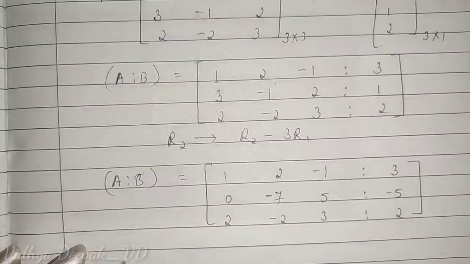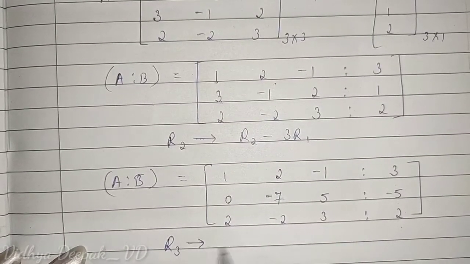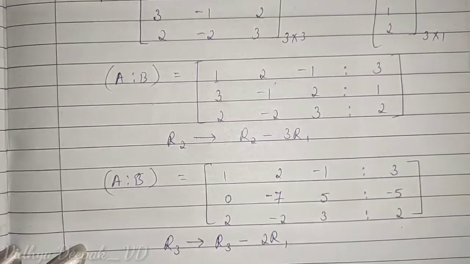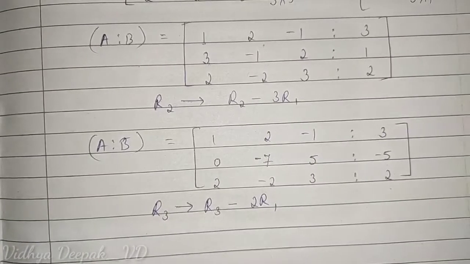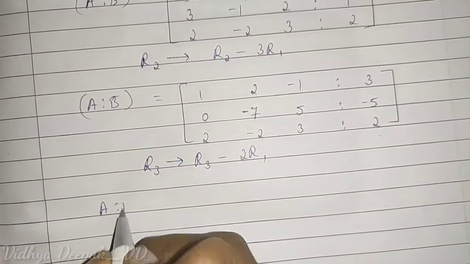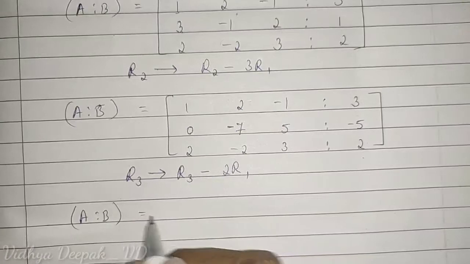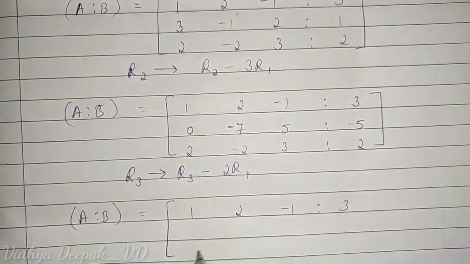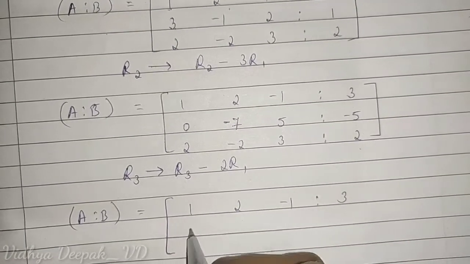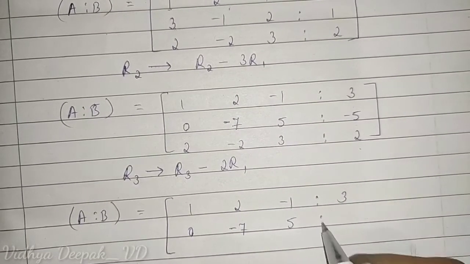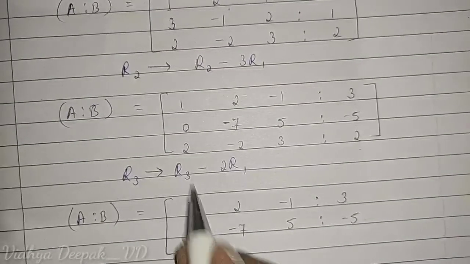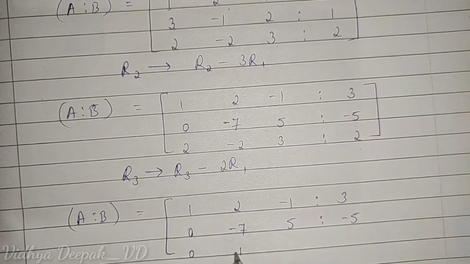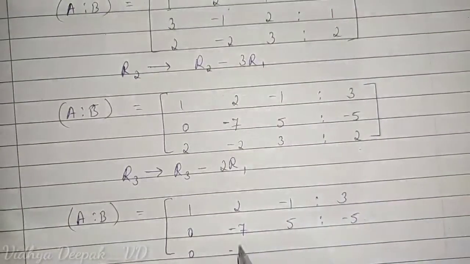Now change this number to 0. In order to do that, we can use the operation R3 changes to R3 minus 2 R1. So what are we doing now? The augmented matrix AB can be written as 1, 2, minus 1, 3 and 0, minus 7, 5, minus 5, and now this becomes 0, minus 2, 2 3s are 6.